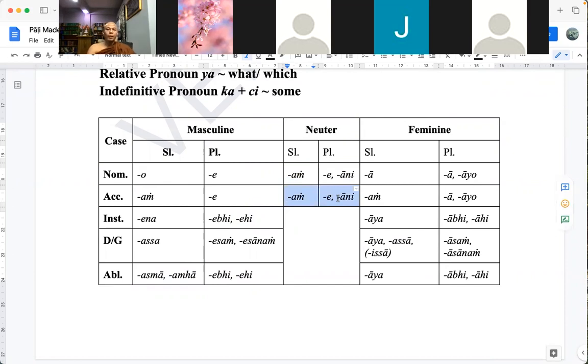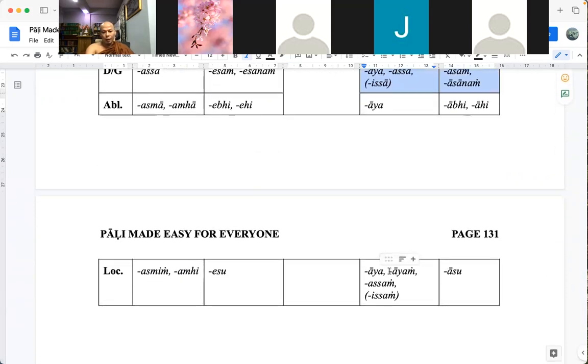No special form there. But for feminine: ya, yo, yan, yo, ya bi, ya he, ya san, not yesa, and then ya bi, ya he, and yan, and ya, not yesa.